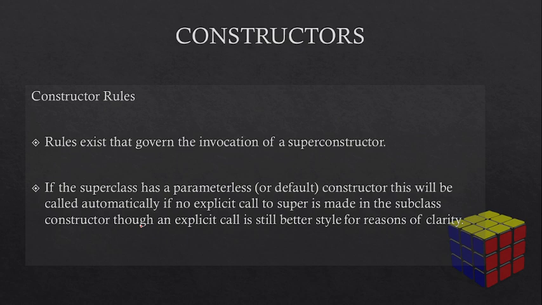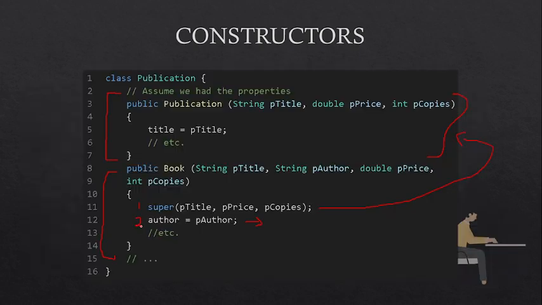If a superclass has a parameterless constructor, meaning its parameters are empty, it will be called automatically if no explicit call to super is made. It is invoked even if we do not write super, to initialize the general attributes. If the Publication constructor has no parameters, then the subclass can simply omit the call.